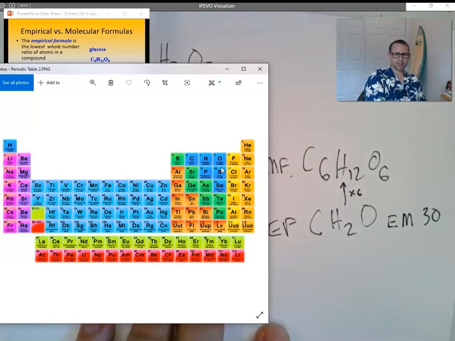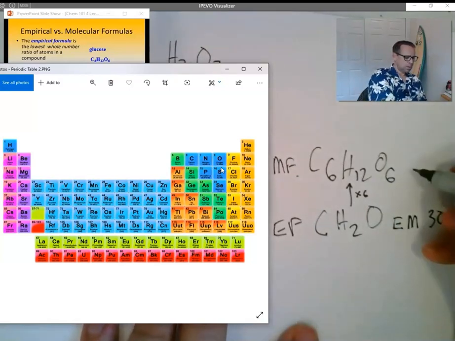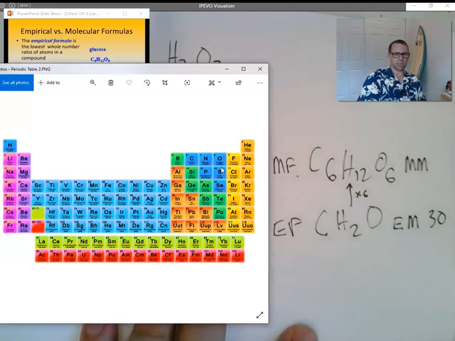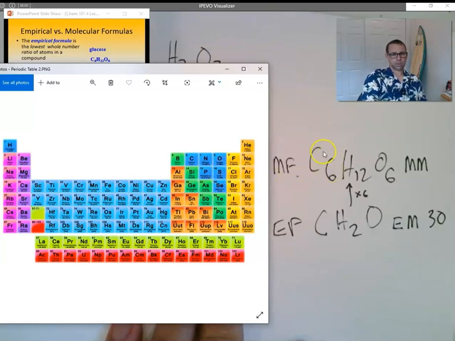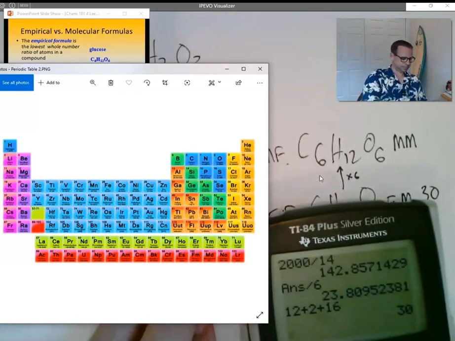Now, there's a relationship between the empirical mass and the molecular mass. And we can also find the molecular mass simply by doing the same thing, by adding them up. How do we add it up? 12 times 6 equals 72. Very good. 6 carbons equals 72.